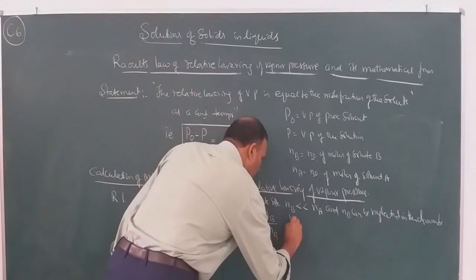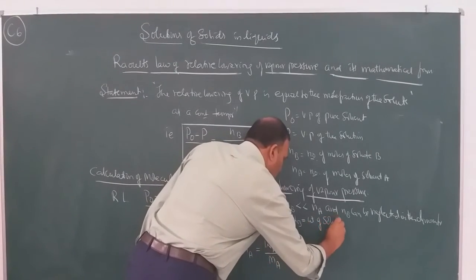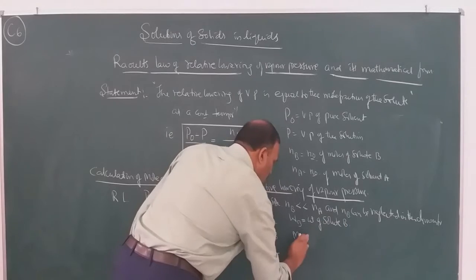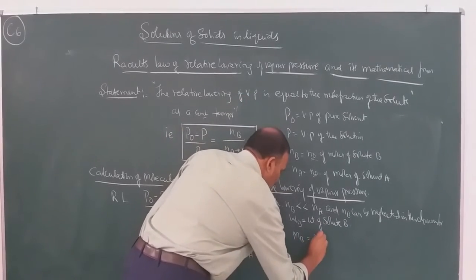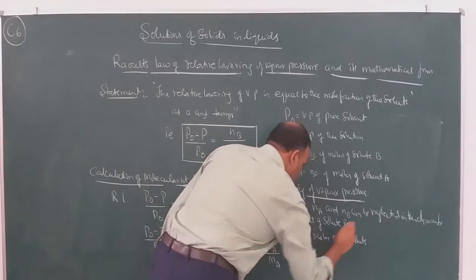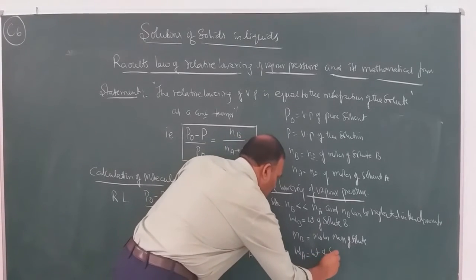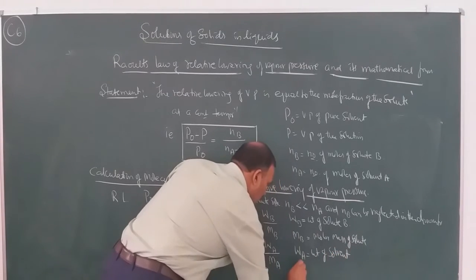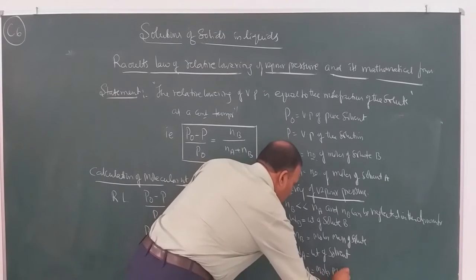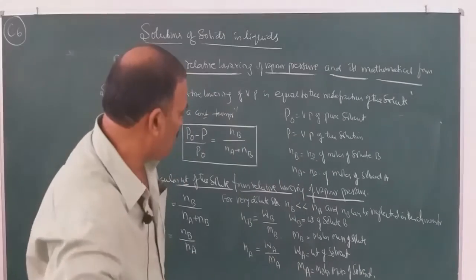So here what is Wb? Wb equals weight of solute B. Mb equals molar mass of solute. And similarly, Wa equals weight of solvent, and Ma equals molar mass of solvent.